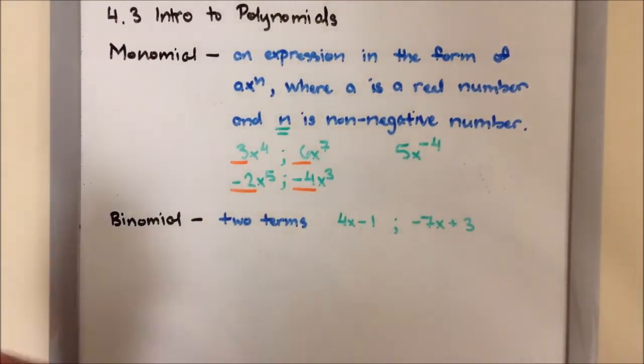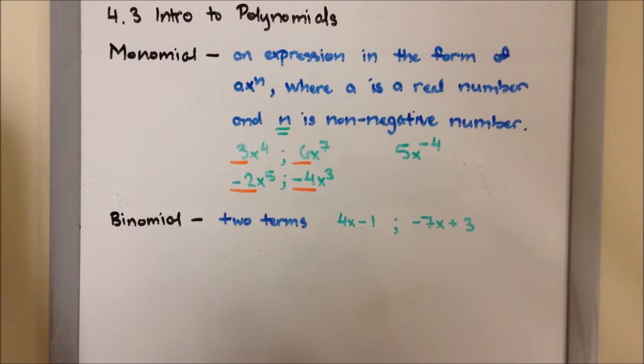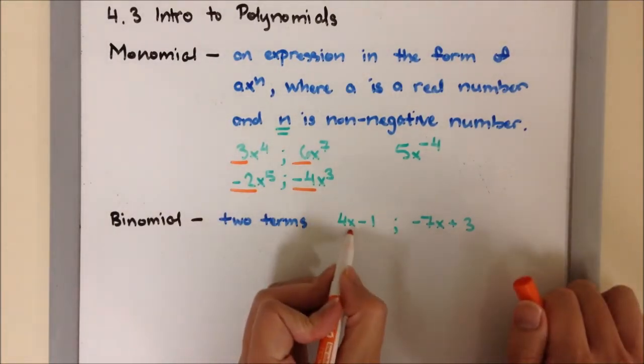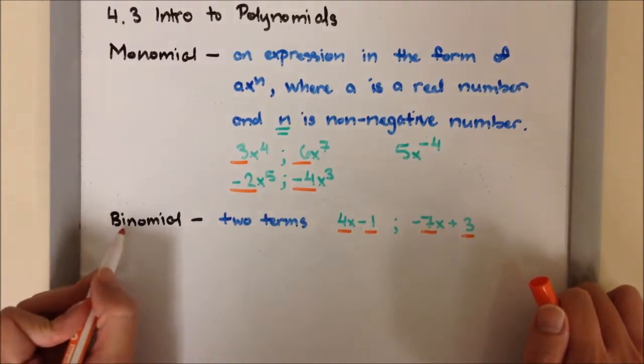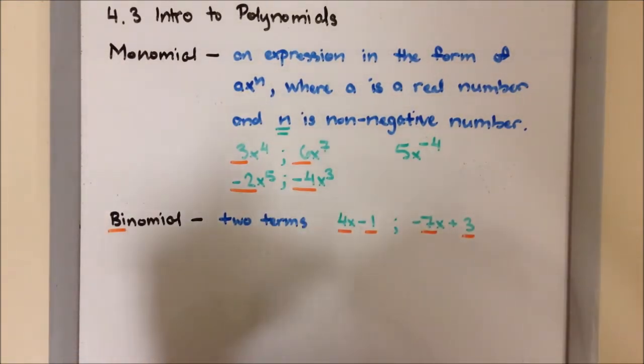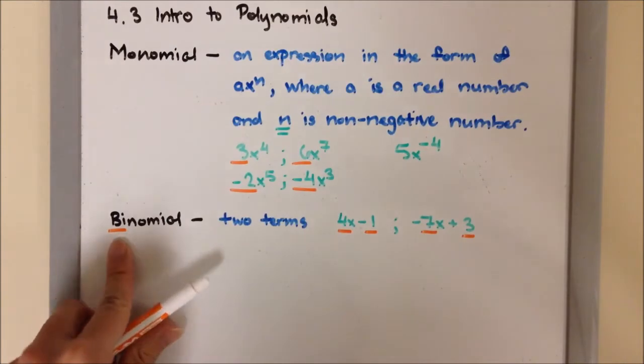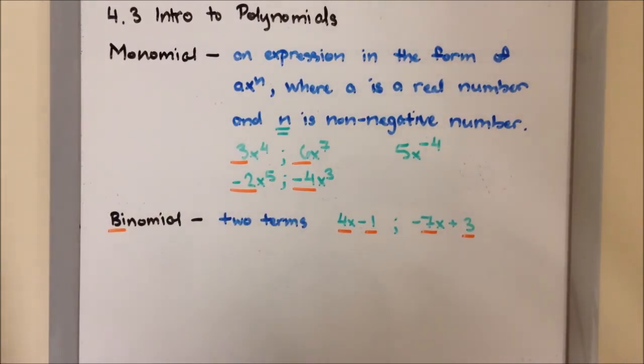So again, binomial means two terms. So here's 1, 2, 1, 2. Again, the prefix bi means two.